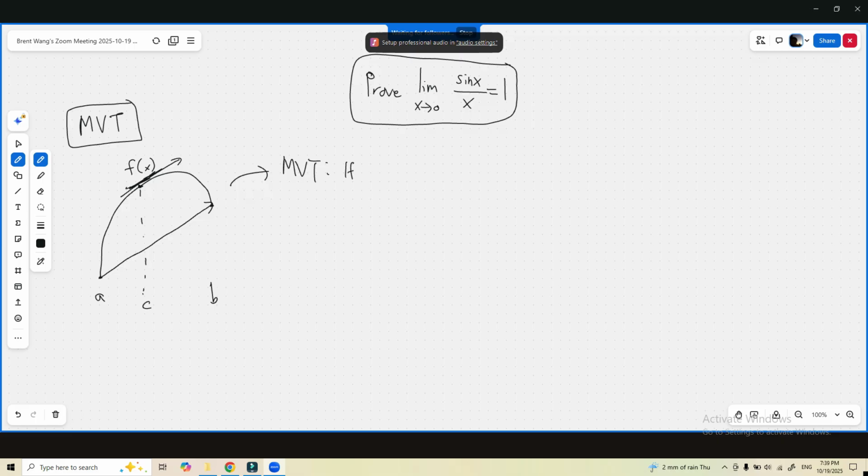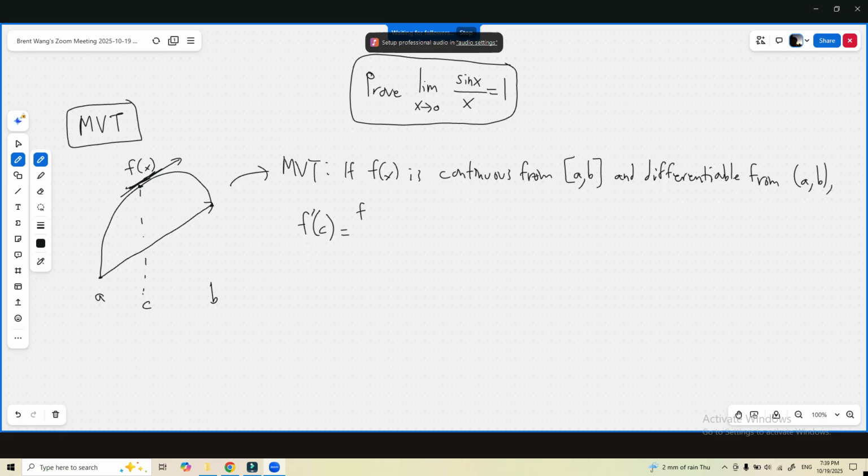If f of x is continuous from A to B and differentiable from A to B, then there exists some c where f prime of c is equal to f of b minus f of a divided by b minus a.